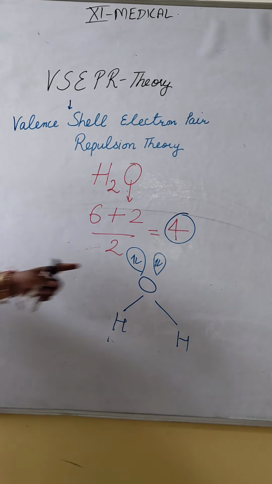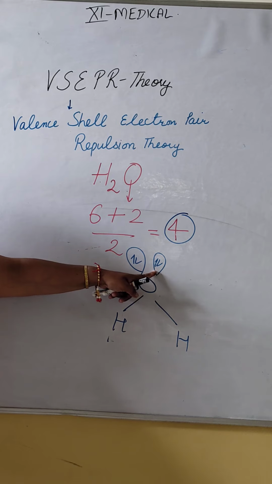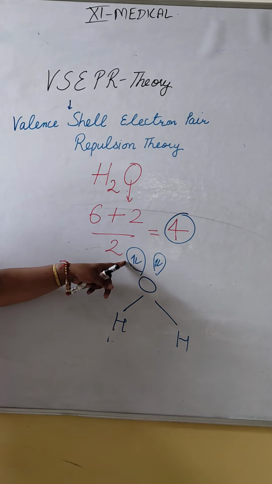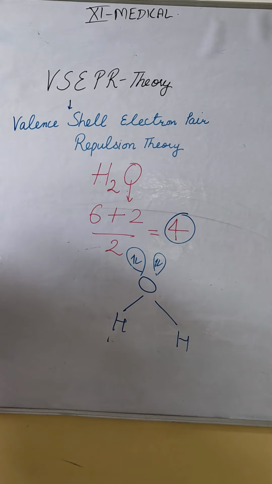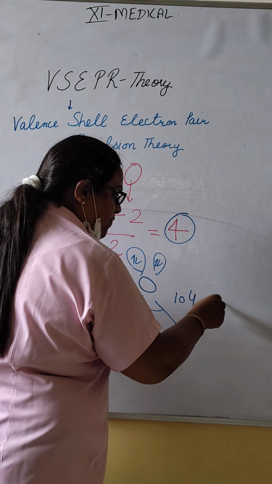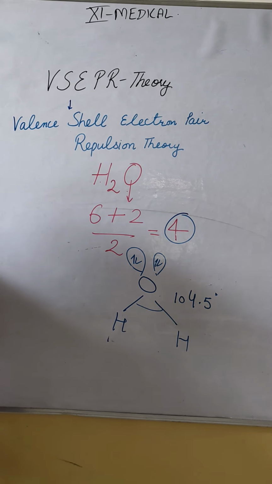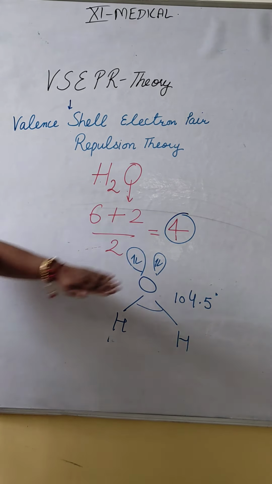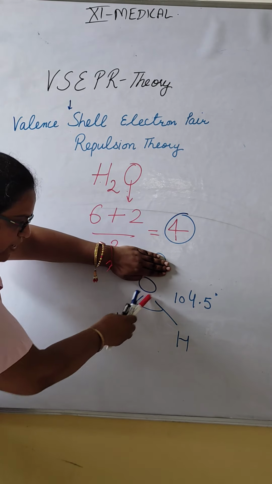In this case, there are lone pair-lone pair repulsion and lone pair-bond pair repulsion. So the more the repulsion, the less will be the angle. So here the angle will be 104.5. But what is its geometry? AB4 type geometry, but the shape is V. Can you see this V?